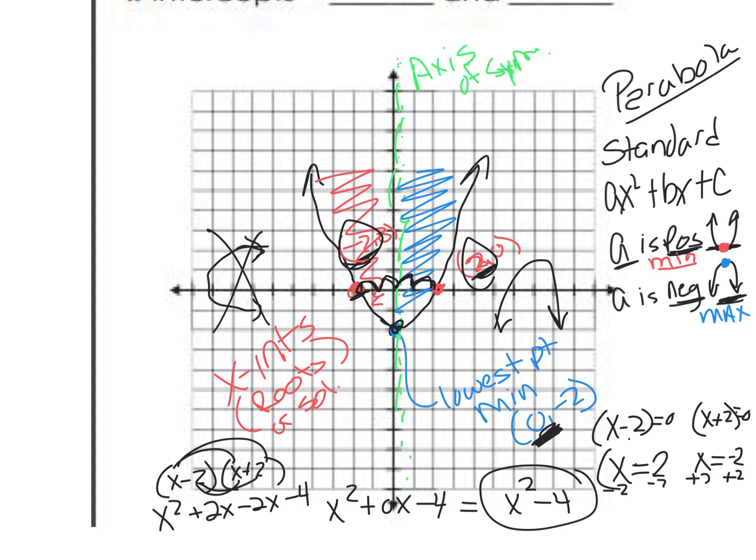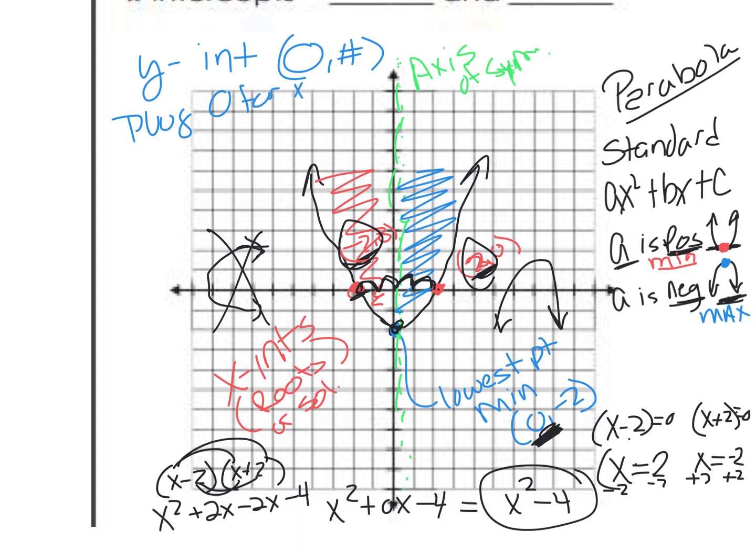Now, let's talk about the y-intercept, not our x-intercept, but your y-intercept. To find my y-intercept, I know that on a y-intercept, my x is always 0. So if I plug in 0 for x, you get your y-intercept.